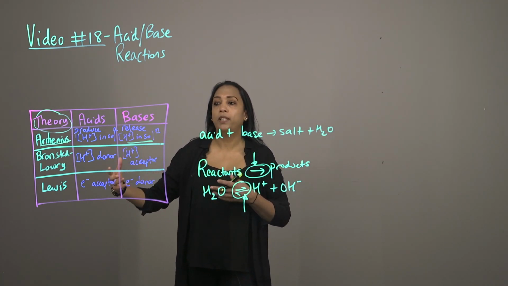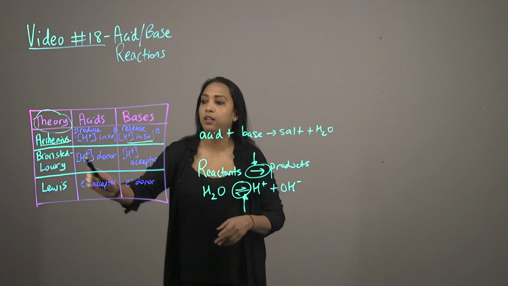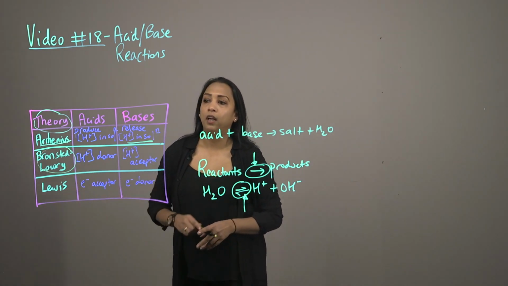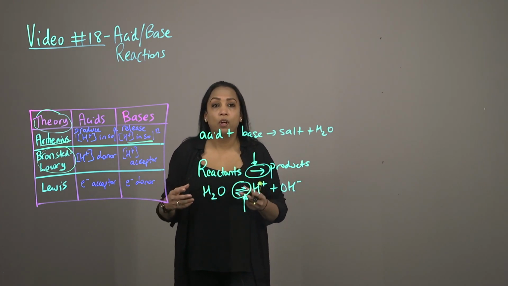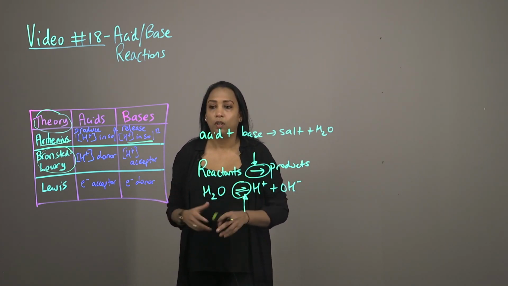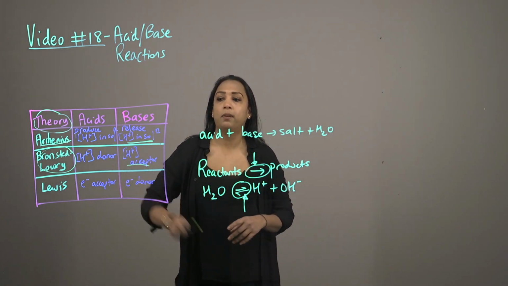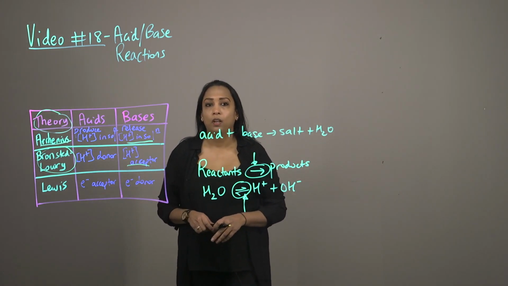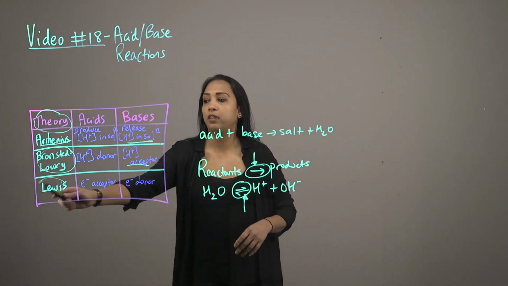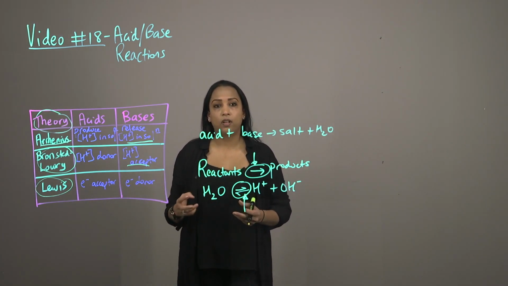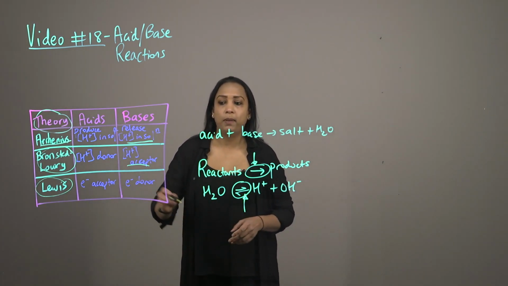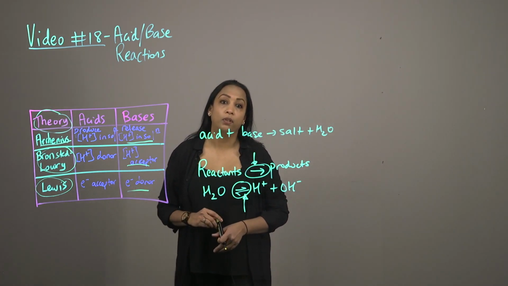Now, if we look at the Bronsted-Lowry theory, an acid is a proton or H+ donor, whilst a base is an H+ acceptor. Finally, the third definition, the Lewis definition of an acid, is that it is an electron acceptor, versus a base, which is an electron donor.